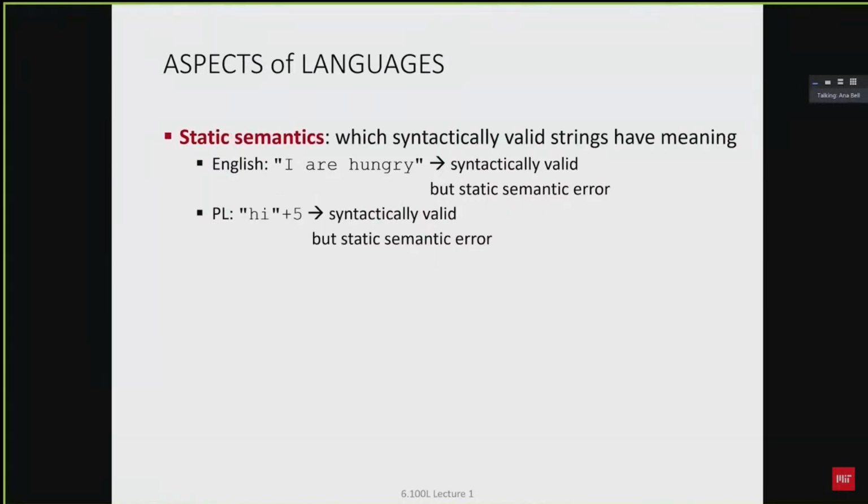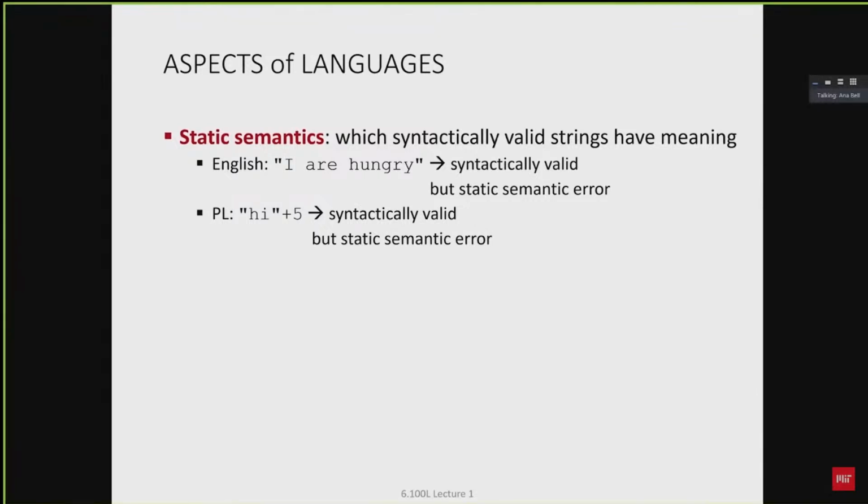Once we have sentences in English and expressions that are syntactically valid, we can now talk about the static semantics of the language. In English, saying something like "I are hungry" is syntactically correct, but it doesn't have good static semantics. There's no meaning to that because the "are" is for you or plural.